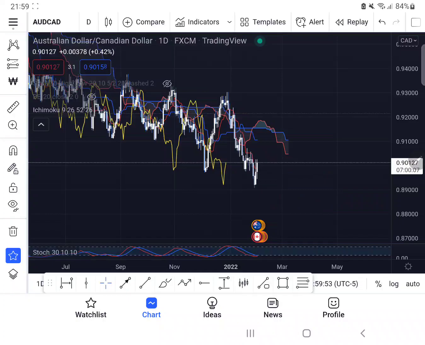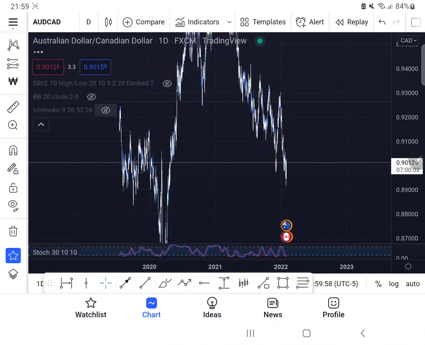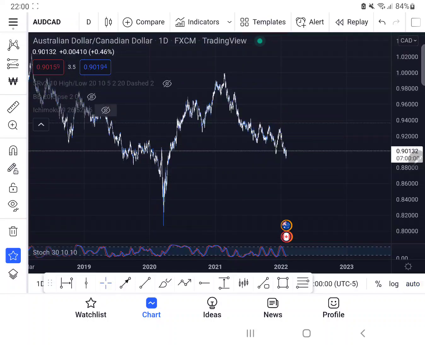You know that? So what is this price action telling you? It looks like an expansion.